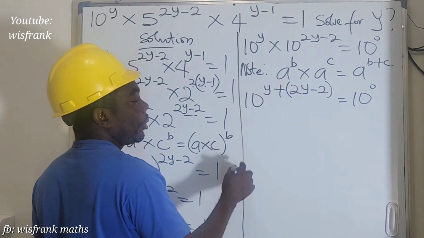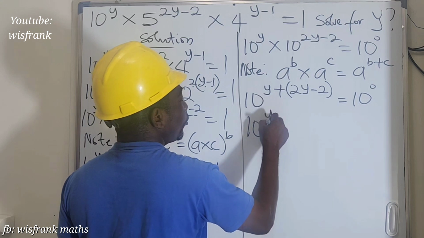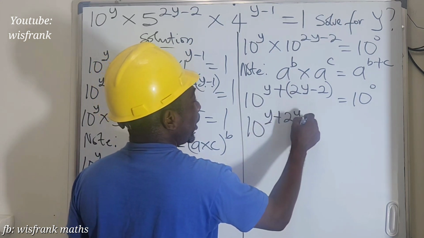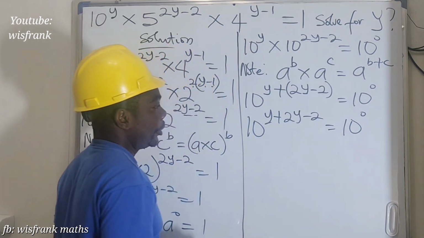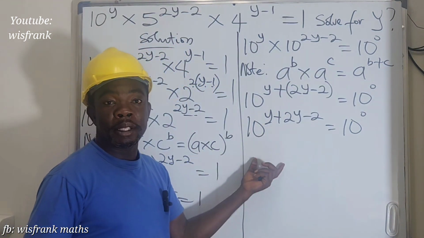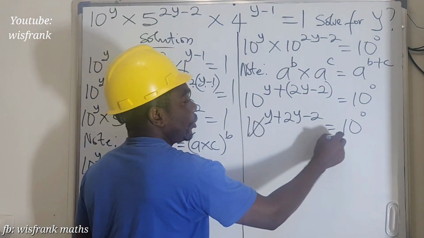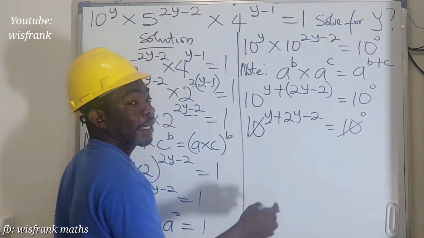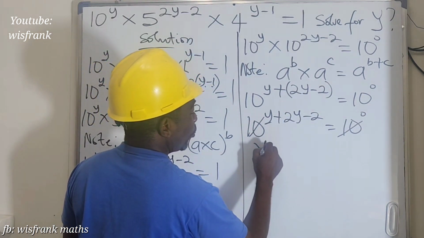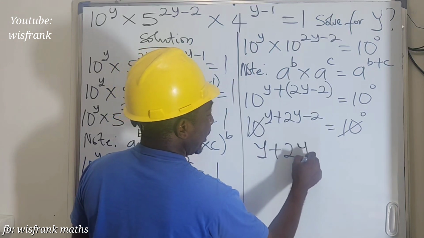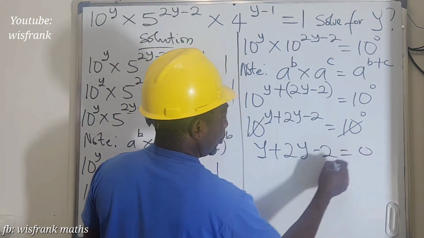Let's do away with the parentheses. We have two similar bases, so each of them will cancel each other. So we are now left with the index equation: y plus 2y minus 2 equals 0.